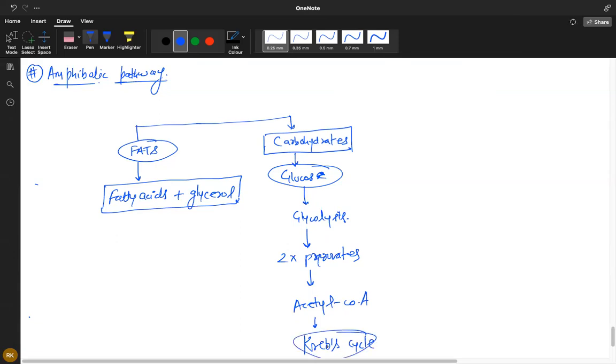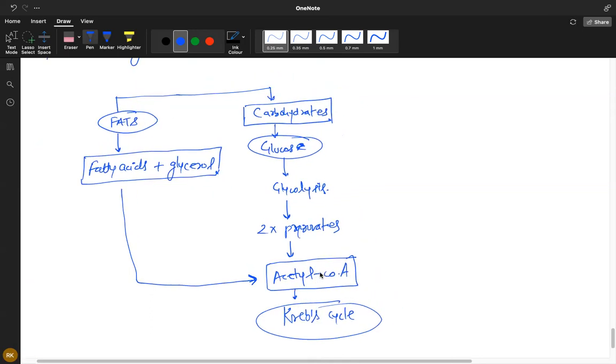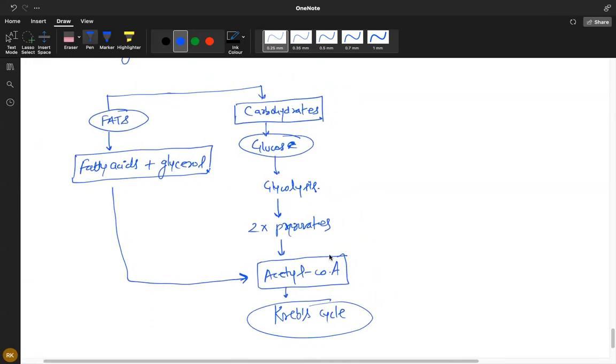Then the NADH and FADH2 produced from the Krebs cycle enter the electron transport chain. Clear till here? And these fatty acids can directly enter at this step, at acetyl CoA. Is it clear, everyone?